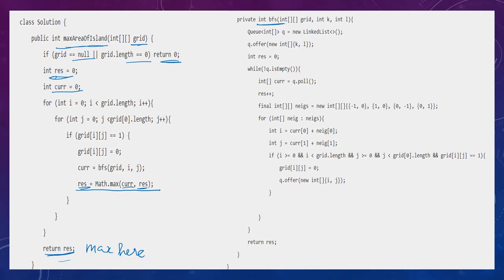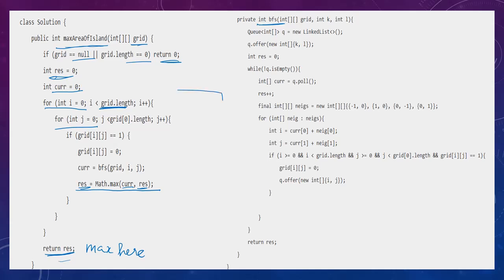So here, as I said, we need two for loops to iterate our grid, which is nothing but our m cross n matrix. You are all aware of the for loop, how to iterate a matrix and all that. What we are going to do here is first check if the node has the value 1. Only then we are going to consider that as the starting of the island and send it to our BFS method to check what is the maximum area of that island starting at this position.